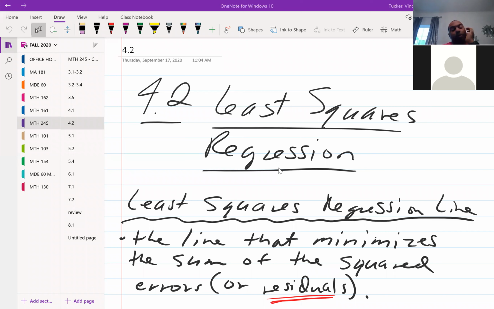All right, so 4.2, least squares regression. Our least squares regression line is the line that minimizes the sum of the squared errors or residuals.